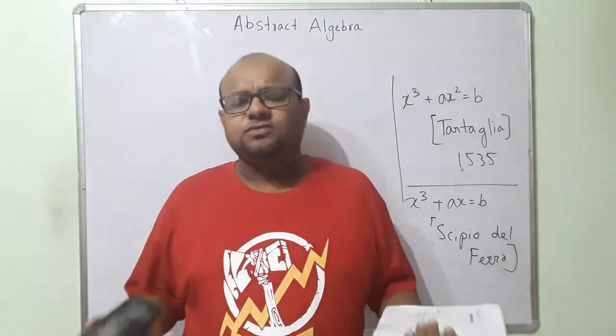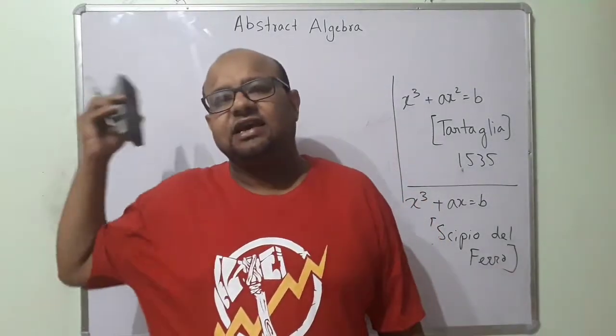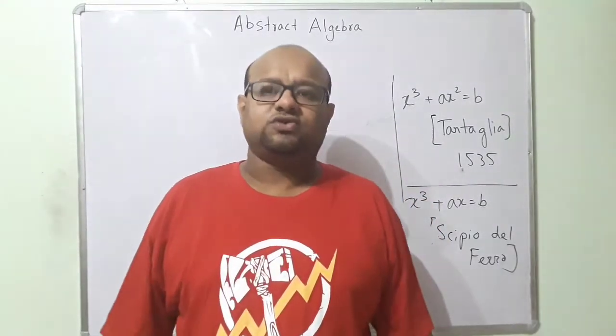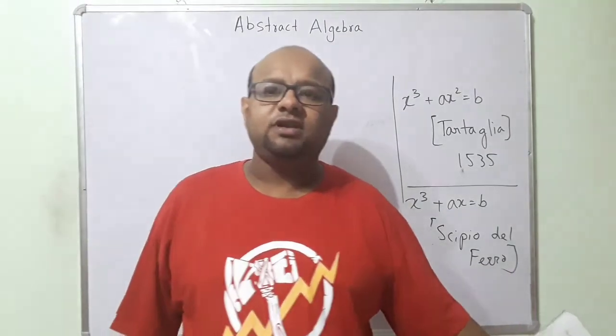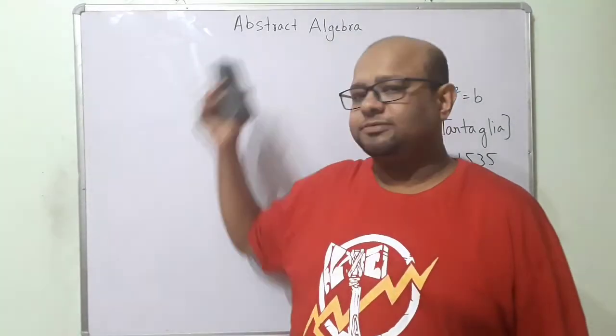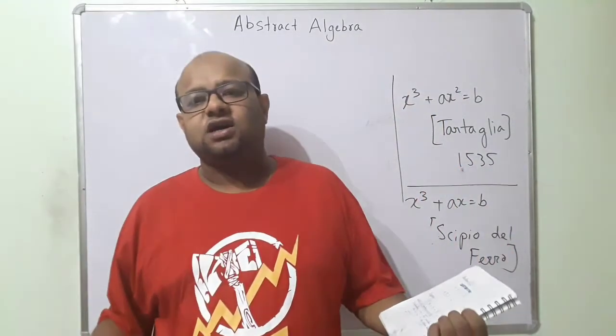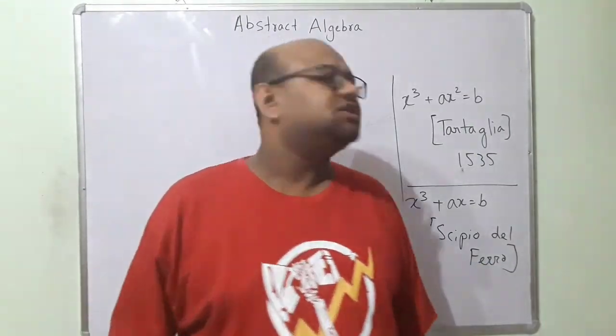And one more thing that started was this modern algebra that we are going to study. It is also called group theory by many people. But we are going to stick to the nomenclature abstract algebra, because there are things apart from groups that we are going to study in this module.